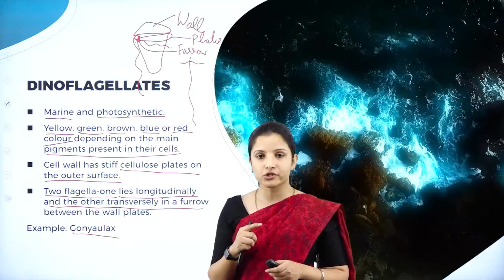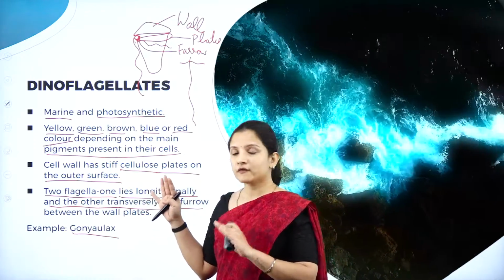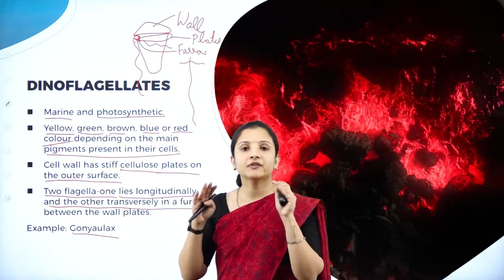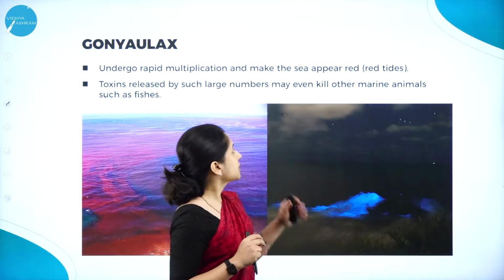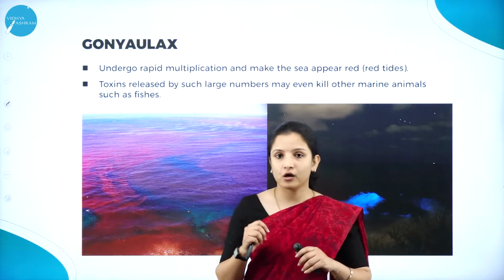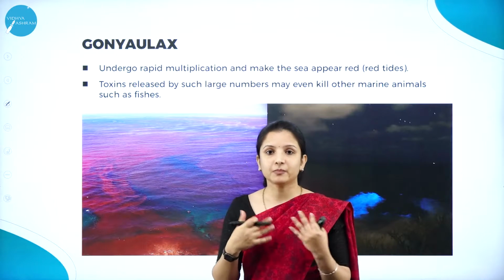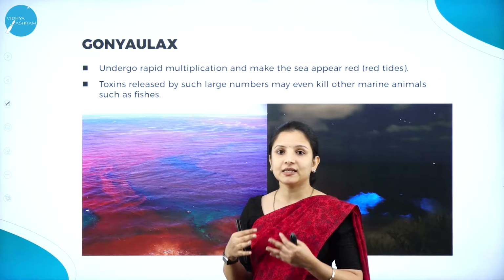Therefore, it makes the oceans red. Wherever in the ocean there is a large amount of Gonyaulax dinoflagellates present, these Gonyaulax have red pigment in them. That is why it makes the ocean red in color. So we shall see about Gonyaulax. They reproduce by rapid multiplication, and therefore they make the sea appear red.